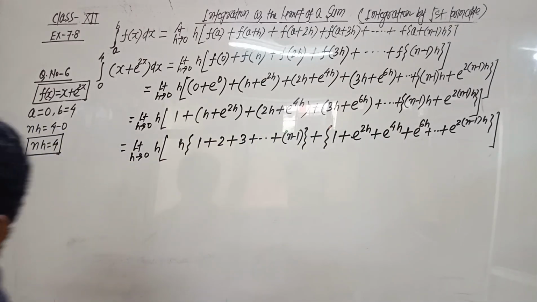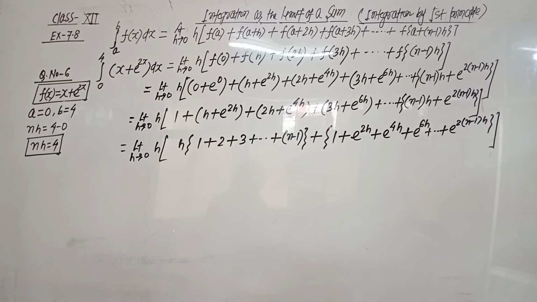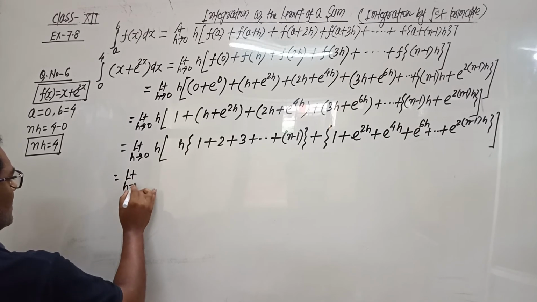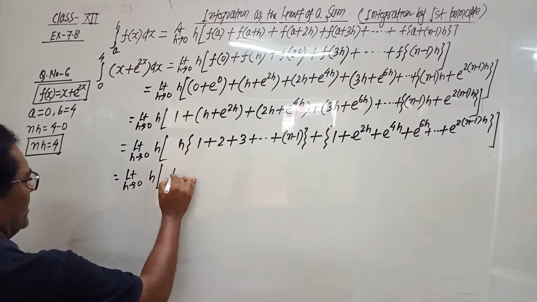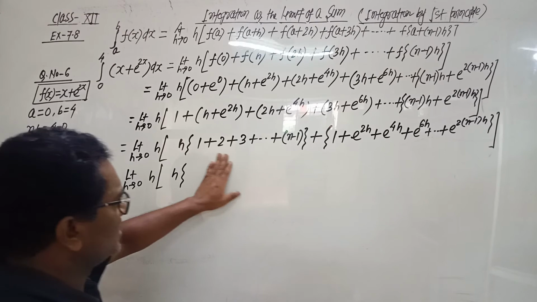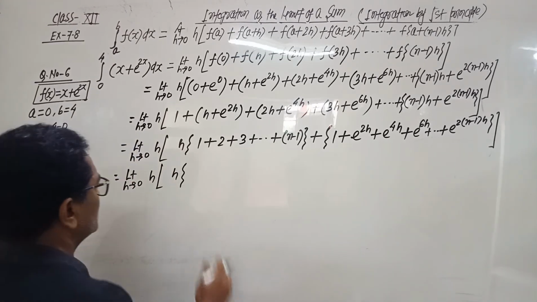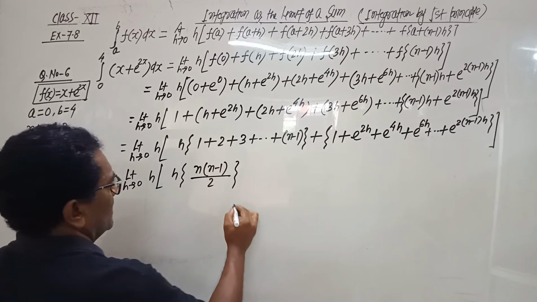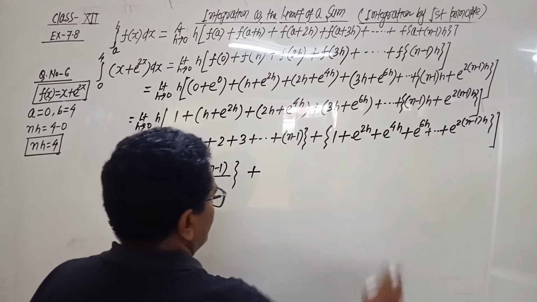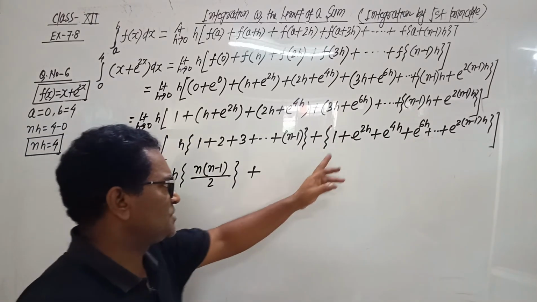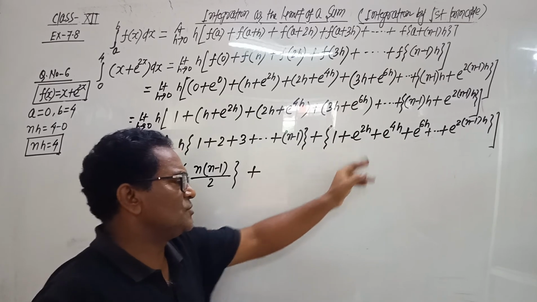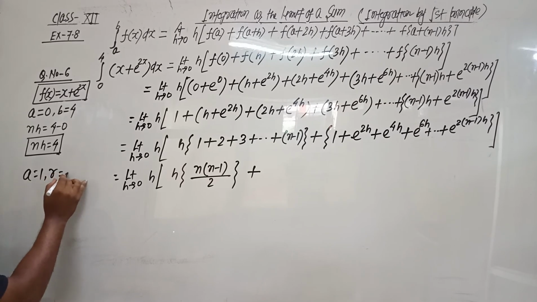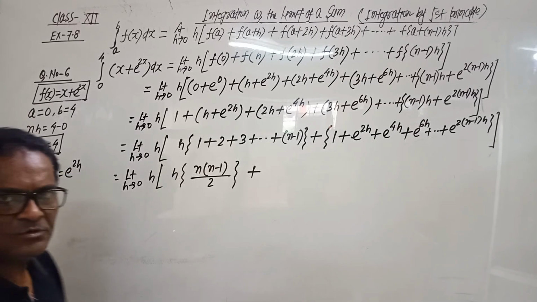Now we write the formula for both the brackets. So limit h tends to 0, h into h, and the formula for the sum of n minus 1 terms, n into (n minus 1) upon 2, plus this is the term of a GP in which the first term a is 1 and common ratio r is e raised to the power 2h.